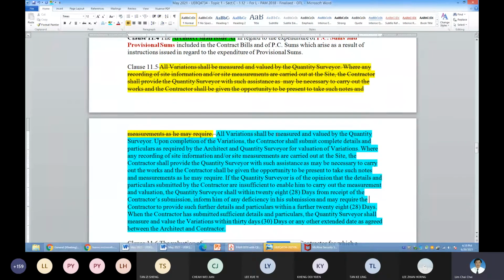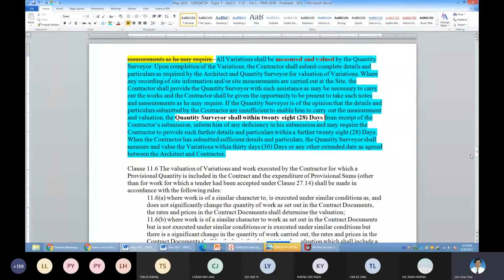Last time you can see a lot of the time periods were not there, isn't it? They didn't have the time, but now you can see there is a time provision for the QS or the architect to look into any dispute on the valuation.